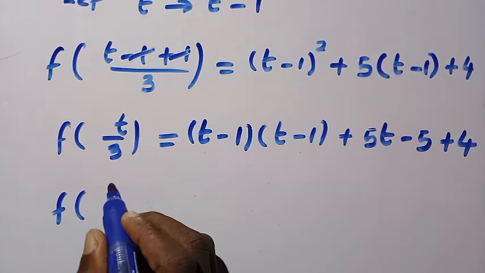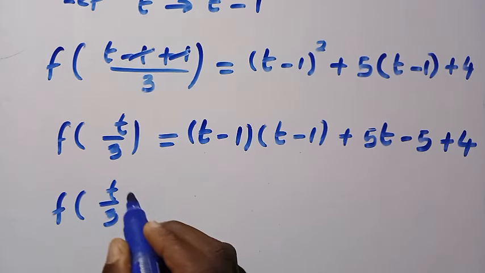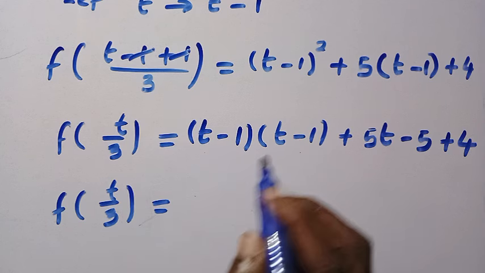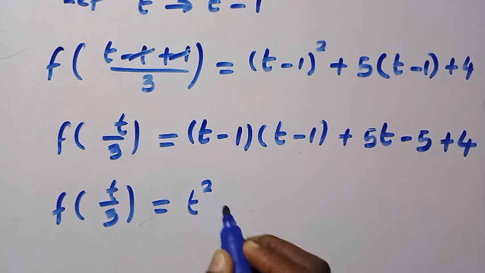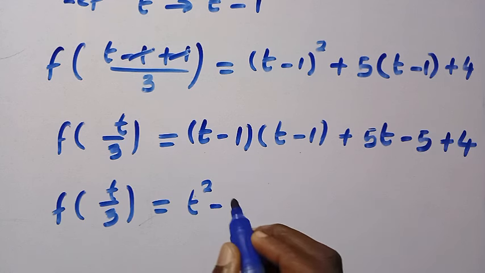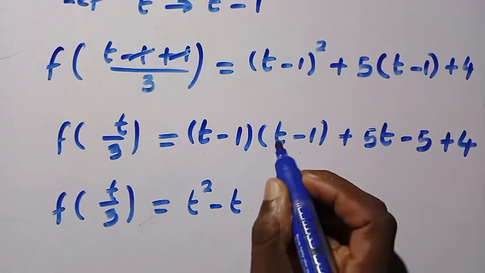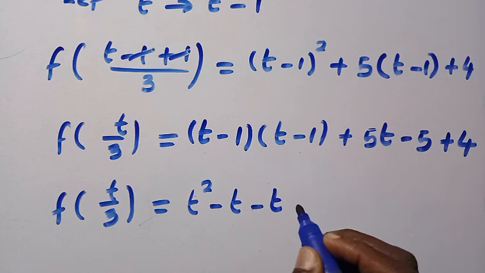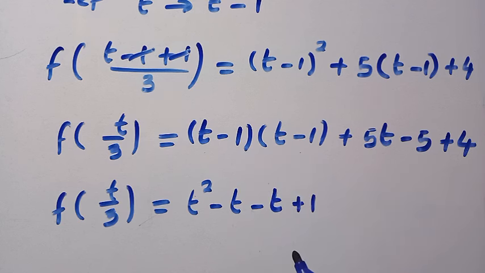So here we still have f of t divided by 3 equals, when we expand this out, t times t, we have t squared, t times minus 1, that is minus t, minus 1 times t, we have minus t, and minus 1 times minus 1, that is plus 1.